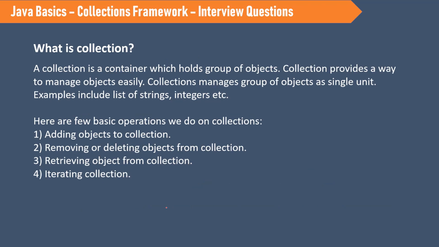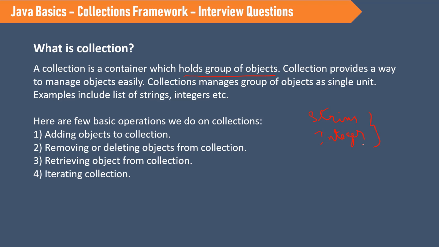So what is a collection? A collection is a container which holds a group of objects. We have seen different examples in the previous videos where we created different collections like array lists or hash sets, and we used different types of collections, like only string type or integer type. So these are objects actually.